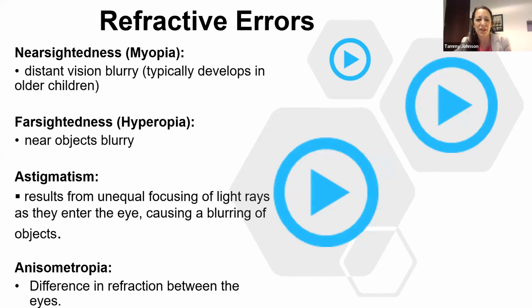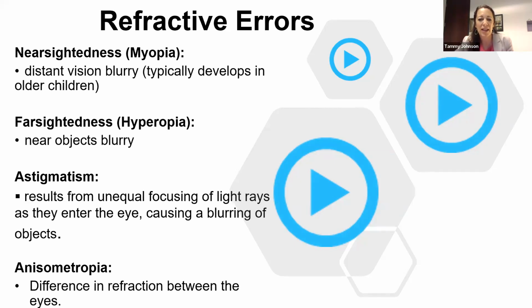It's much more common in older kids. Farsightedness is hyperopia. Some level of hyperopia is normal in the really little ones, and as they age, the level of hyperopia improves. So our referral criteria for little kids differs by age. You'll notice if you do instrument-based screening that you actually have age-based referral criteria because you want to refer appropriately at the different ages.